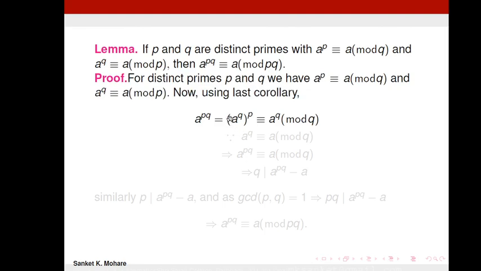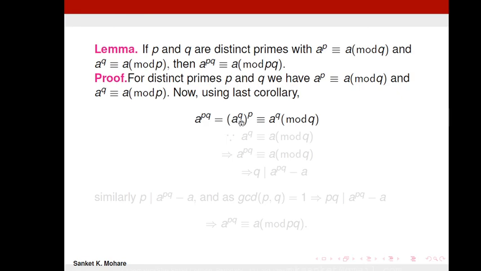But using the last corollary, a to the power p is congruent to a modulo q, and a to the power q is congruent to a modulo p.